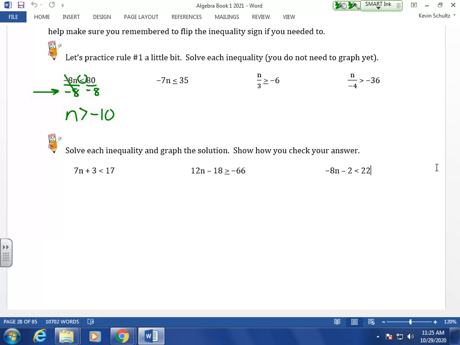Quinn? Okay, so are you saying that if you checked it, you'd see that if you left it less than, it's not going to work, right? But mathematically, why do we do it? Audrey?